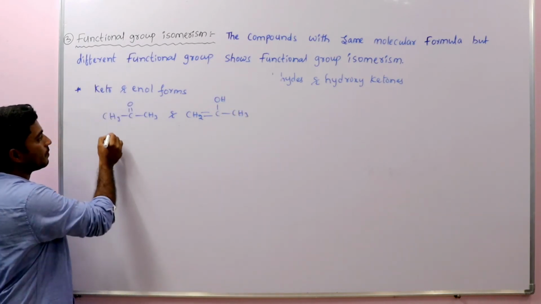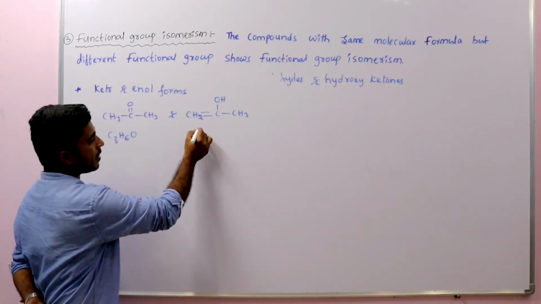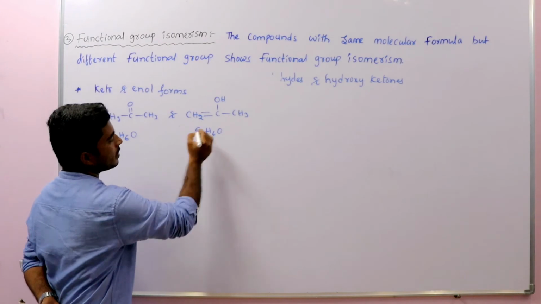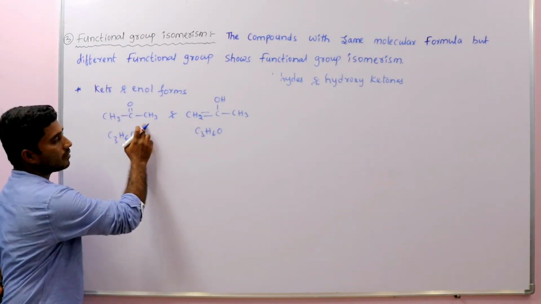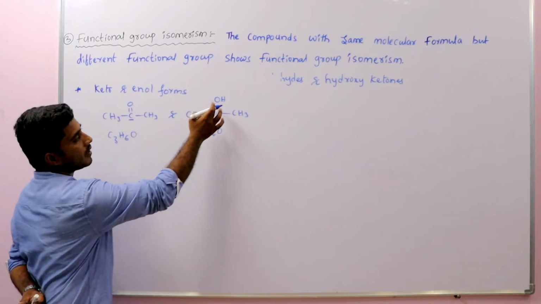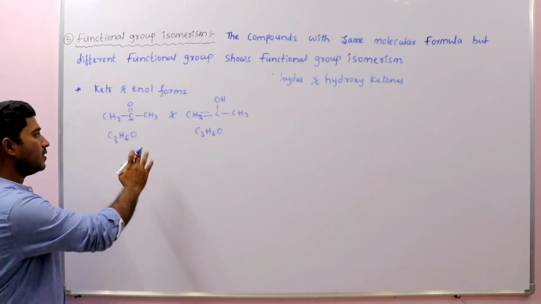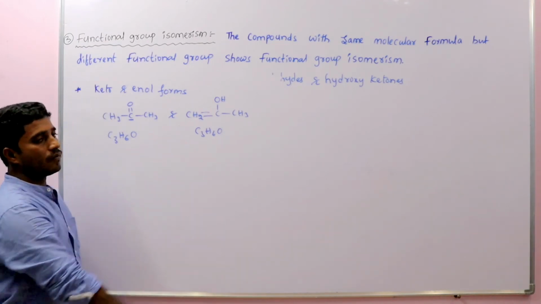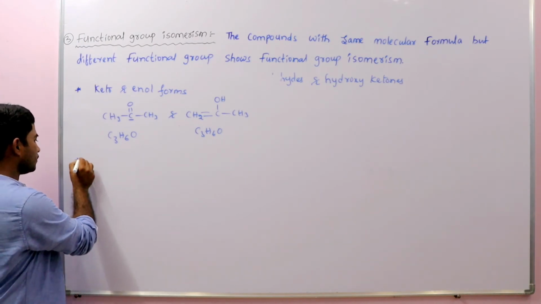Here the formula is C3H6O, and here also the formula is C3H6O. You see the formula of these two molecules is the same, but the functional group here is ketone, and here alcohol and one double bond are there. So that's why these two compounds are said to be functional group isomers. So let us see the next example.